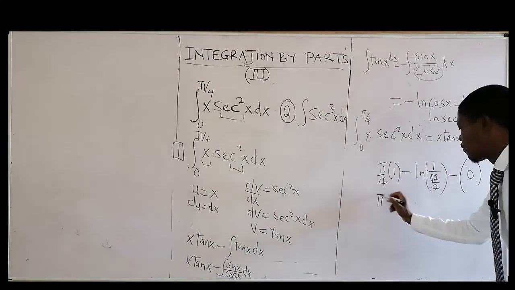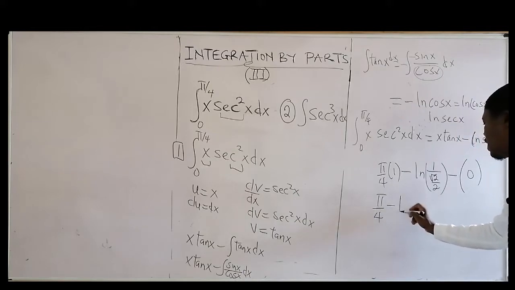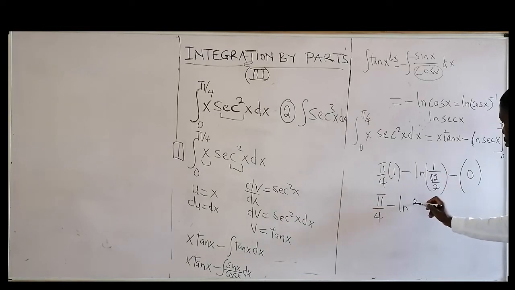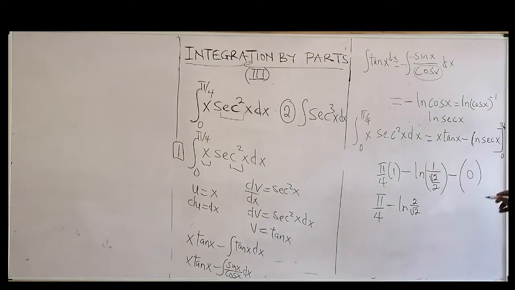So this will be equal to pi over 4 minus ln of the inverse, flipping root 2 over 2, that will be 2 over root 2, because 1 over cos 45 is 1 over root 2 over 2. So that's that.